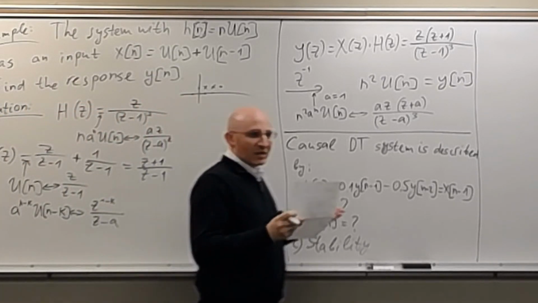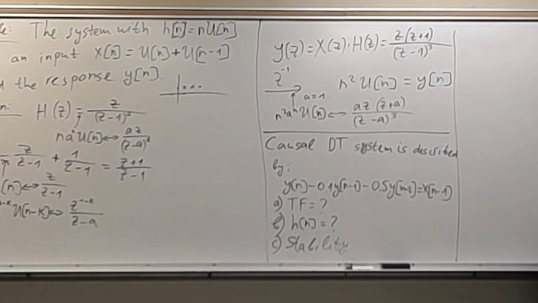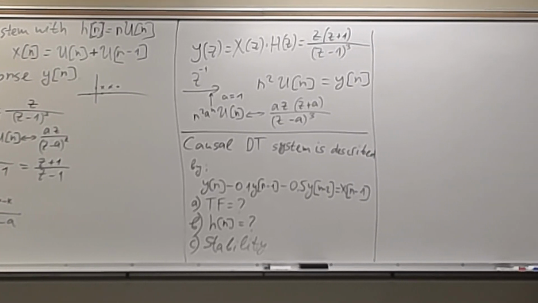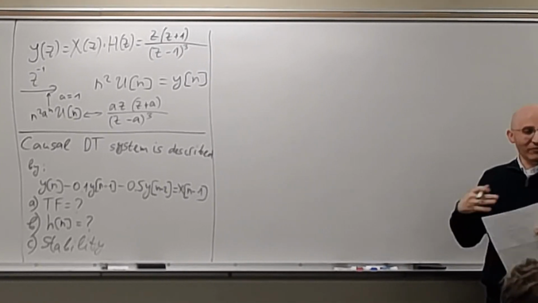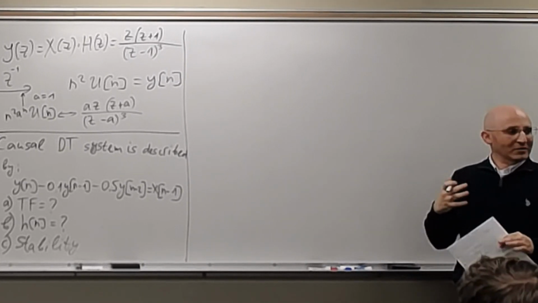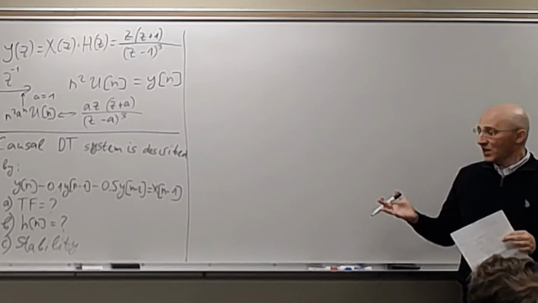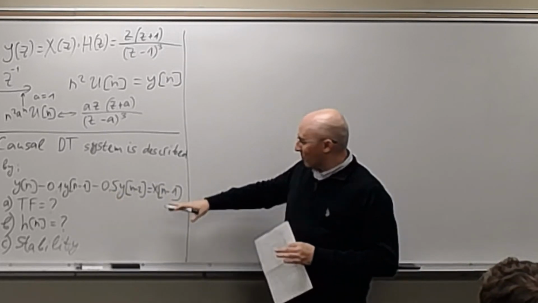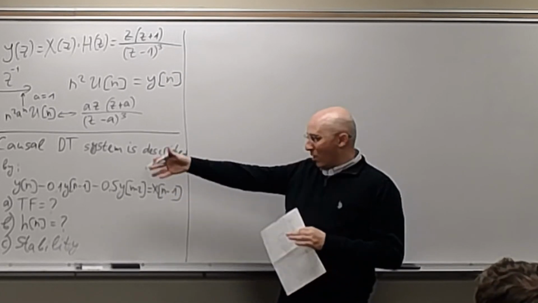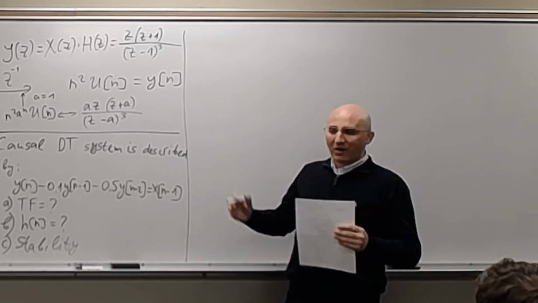Now, as I said, it's very similar to the Laplace transform. What we did with the Laplace transform is just convert the left side and right side into the Laplace domain, right? And then find y divided by x. This is a transfer function. In this case, we're doing the same thing, just doing the z transform of the left side and the z transform of the right side, and finding y divided by x, which is the transfer function.